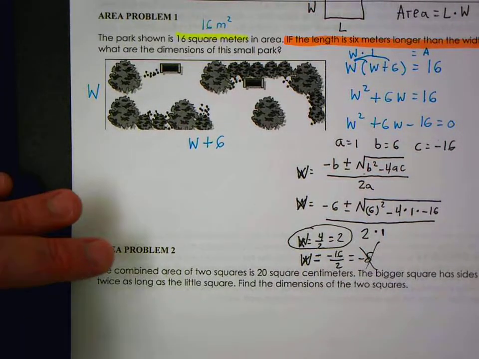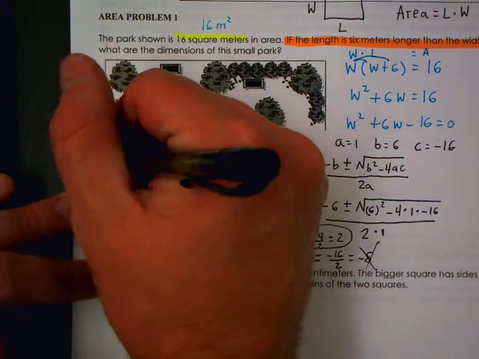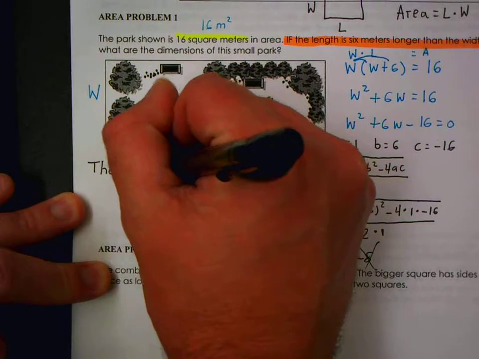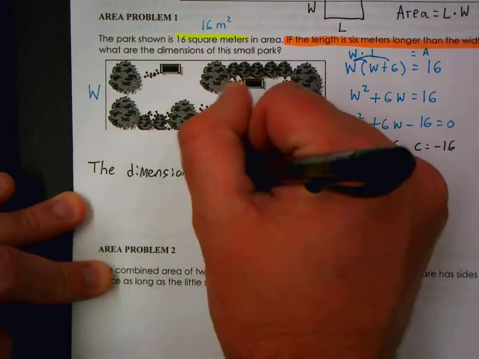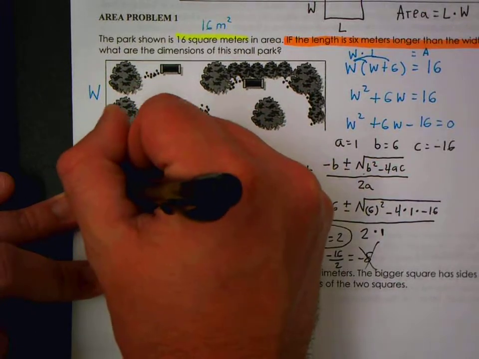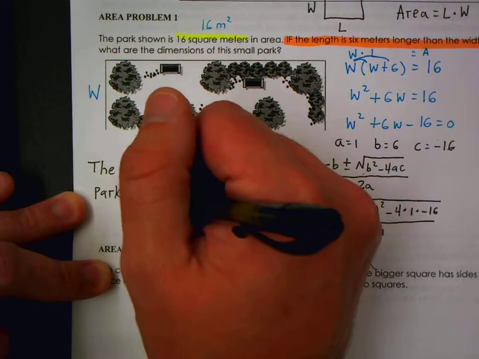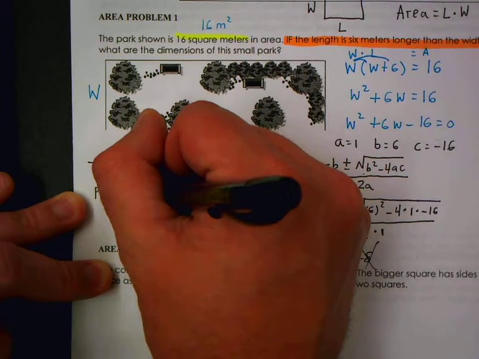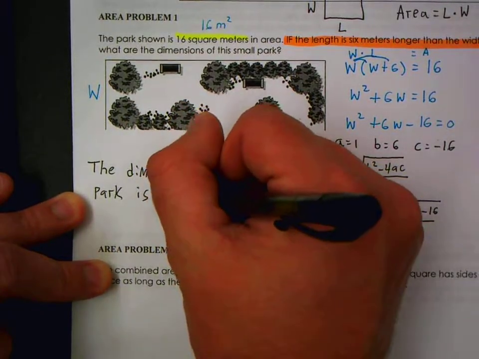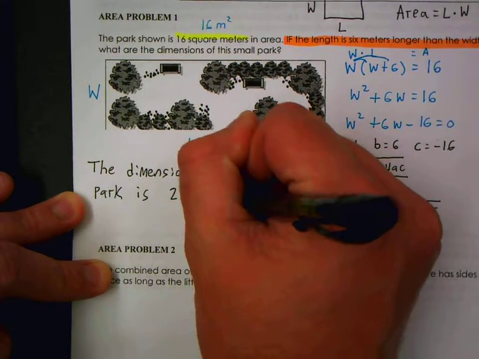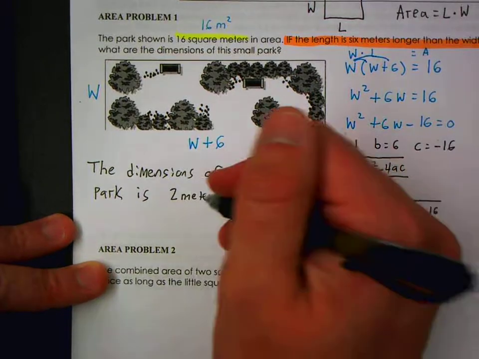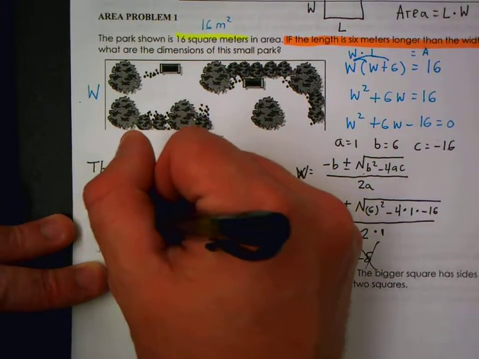So, what are the dimensions of the park? The dimensions of the park are 2 meters by, so if that's 2, then this would be 2 plus 6, right? 2 meters by 8 meters.